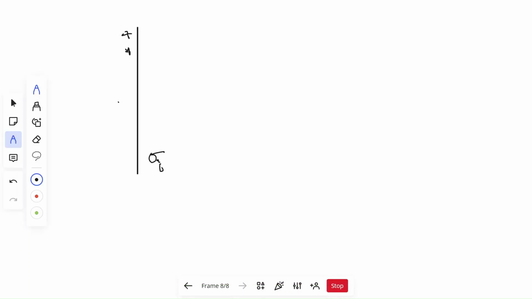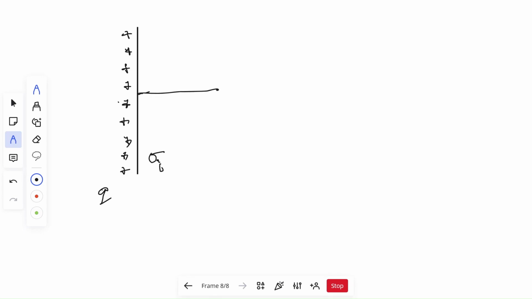So this will represent the charged wire like this. The charge on the wire is Q. We have to calculate the electric field at a point P, which is at a distance R. So let this be the point P.